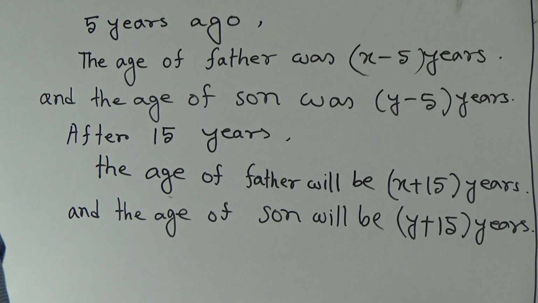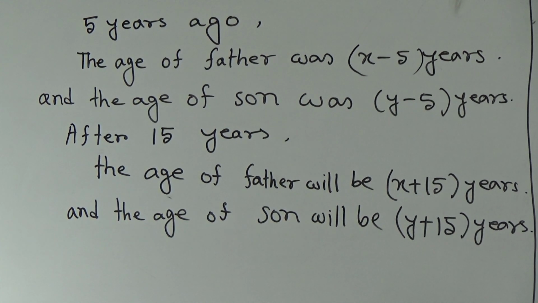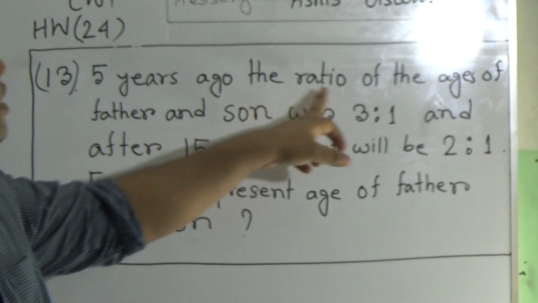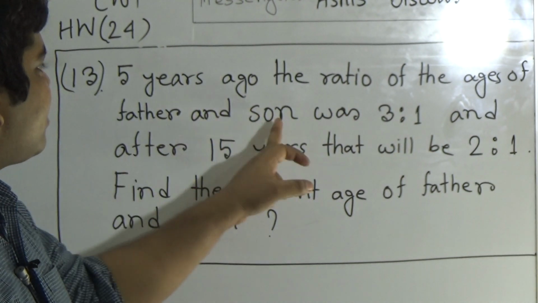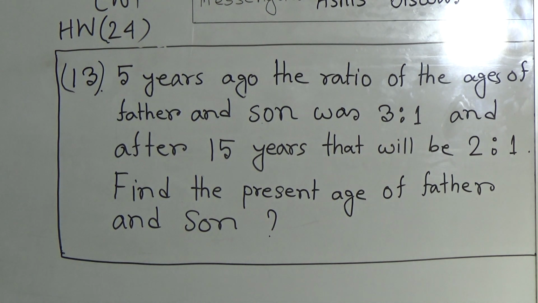Now we shall make an equation from the first condition and from the second condition. From the first condition, we notice 5 years ago the ratio of ages of father and son was 3:1. So 5 years ago the age of father and son was what?